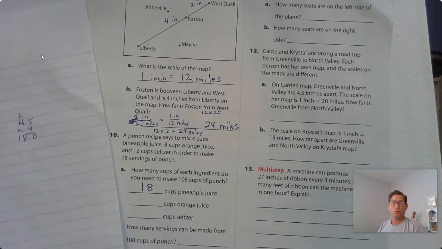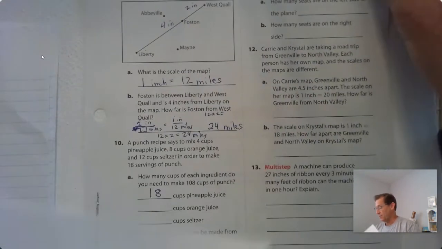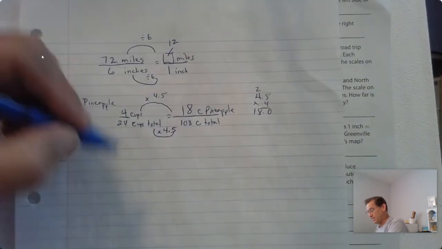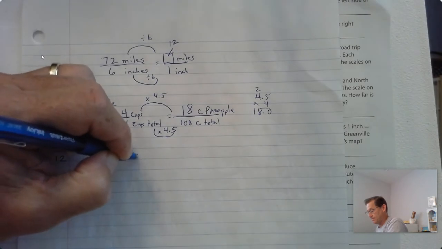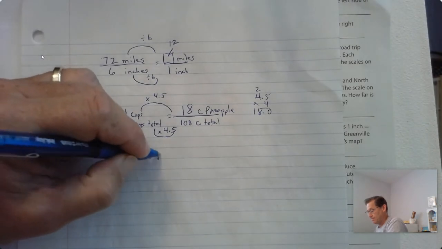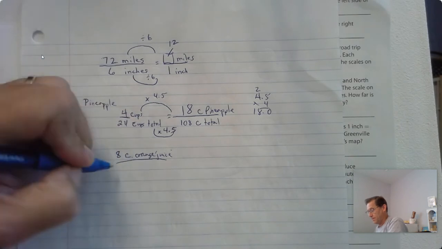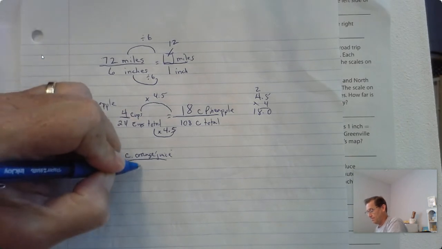How many cups of orange juice would we need? Well, orange juice is 8 cups to 24 cups total.